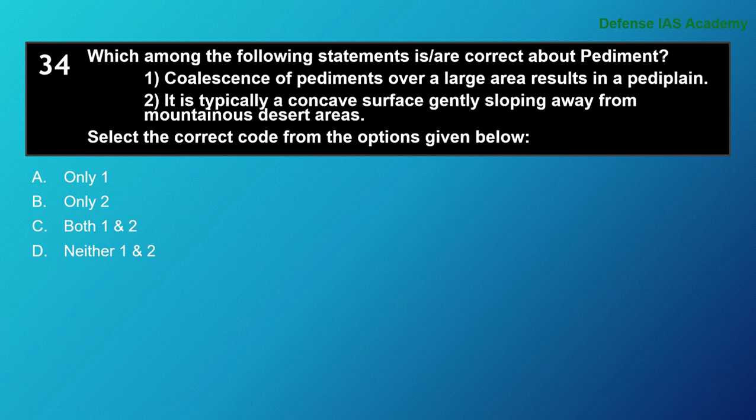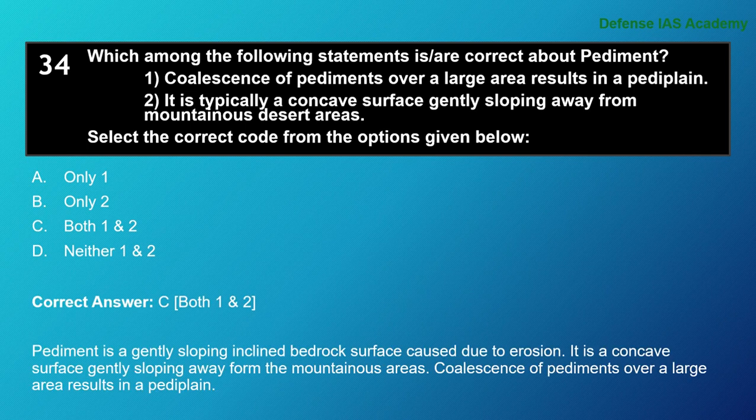Select the correct code from the options given below. The answer is option C, both 1 and 2. It says that both 1 and 2 given in the question are correct. The pediment is a gently sloping inclined bedrock surface caused due to erosion.